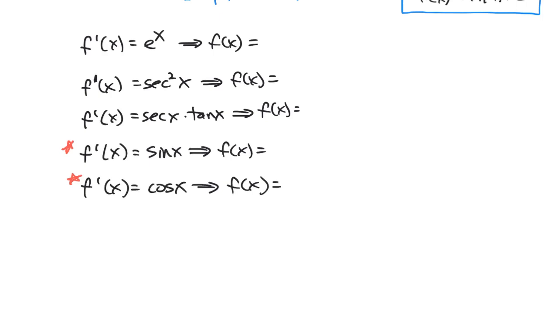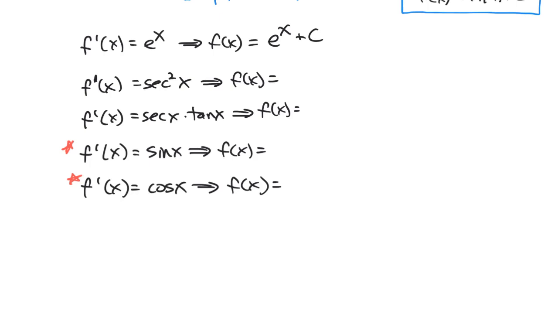Okay, so we've got some derivatives here, and we're looking for the function that has these as derivatives. So the first one is real easy. If f prime of x is e to the x, f of x is e to the x. And what do you always want to put? Never forget, plus c.